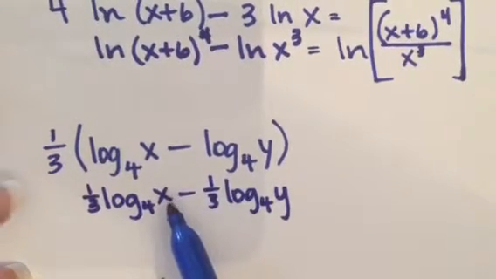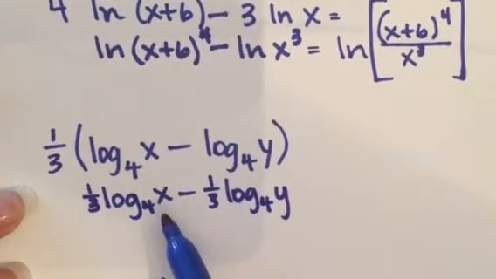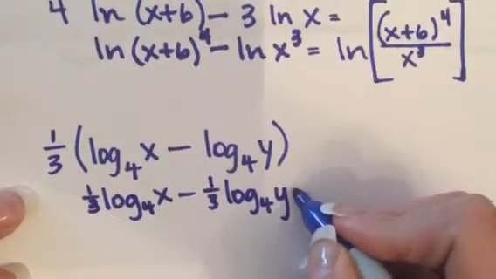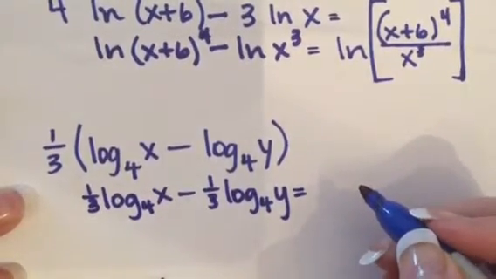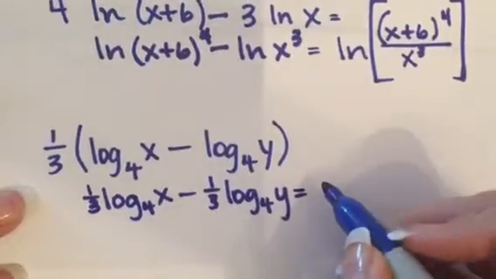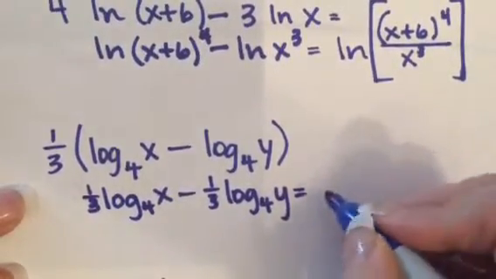Now recall that anything to the 1/3 power is the same as the cube root. So when we rewrite, we're going to rewrite it as the cube root. There's nothing wrong with writing x to the 1/3 power, but for many people, it's easier to see what we're doing if we use the radical symbol.